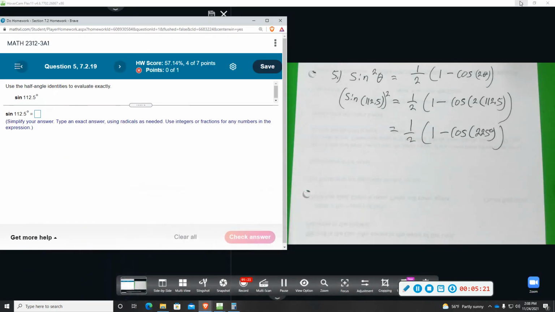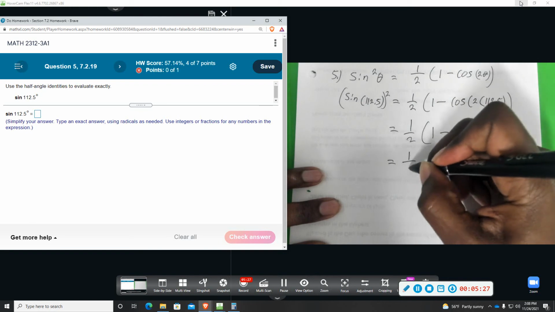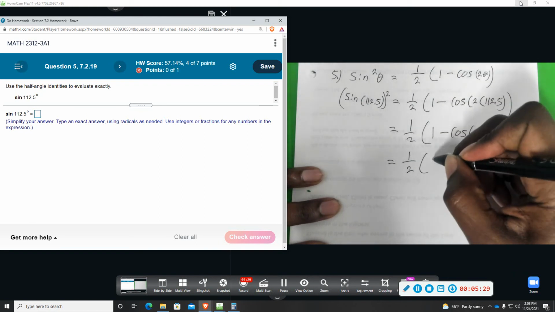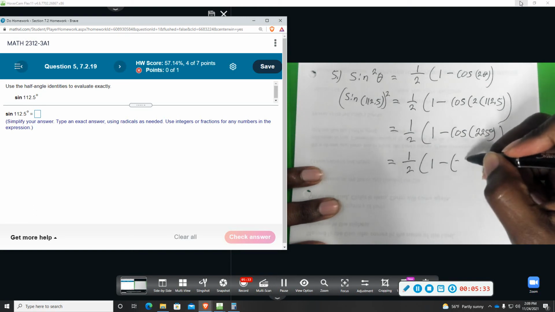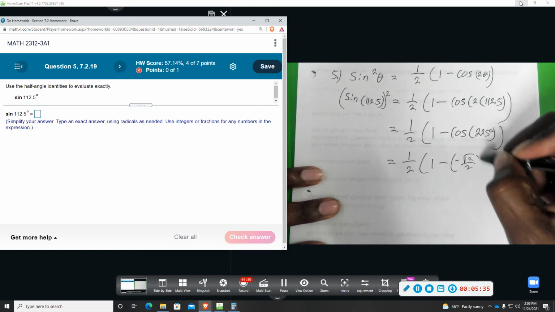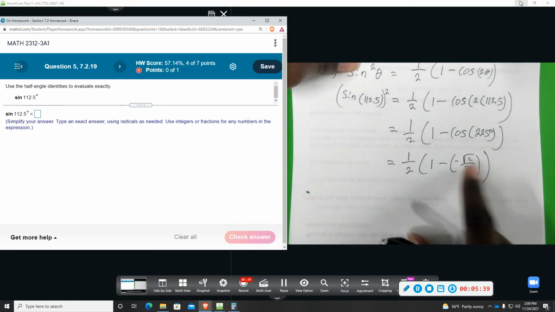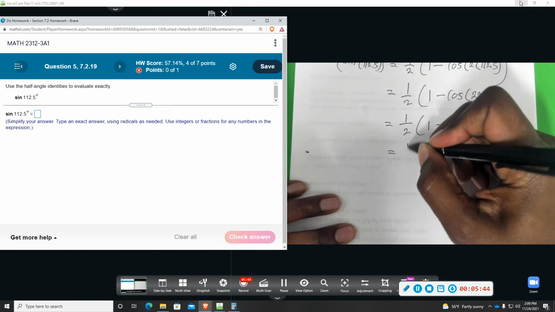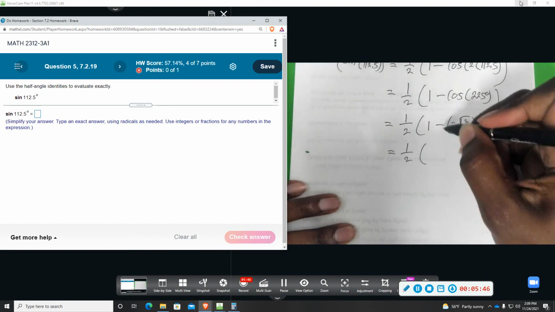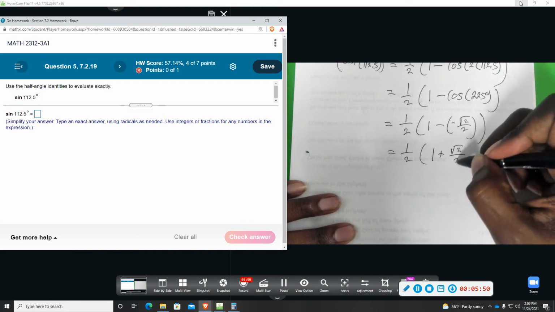So I get 1 over 2, and this is 1 minus a negative square root of 2 over 2. Minus a negative becomes plus. So I have 1/2, and then 1 plus square root of 2 over 2.